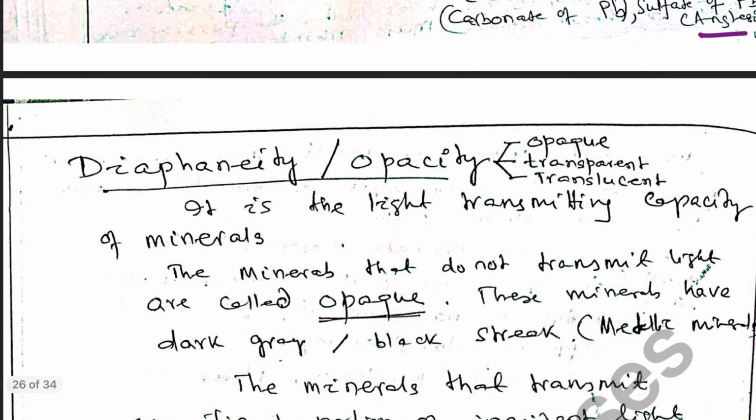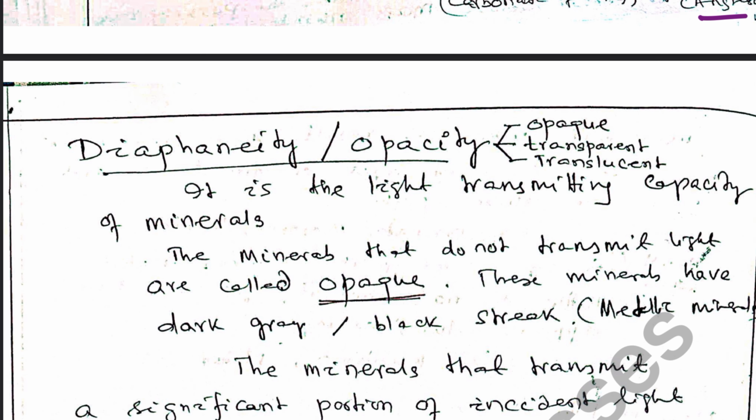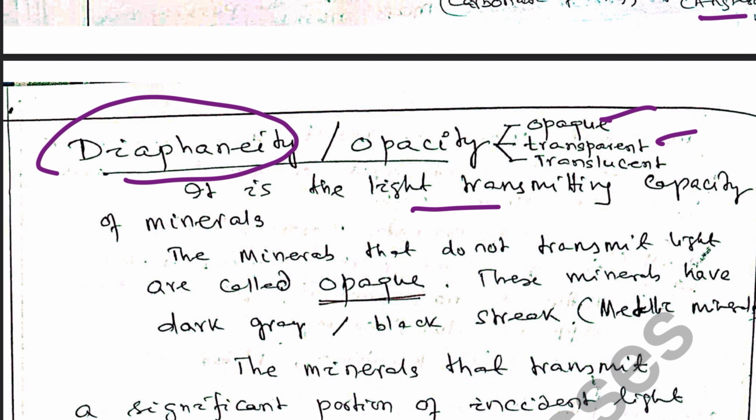Whether light is fully passing through the mineral or it is being obstructed by the mineral. Based upon that, the light transmission capacity of minerals is being studied. They are described as opaque, transparent, translucent. These are the terms of diaphanity or opacity. It is the light transmitting capacity of the minerals.